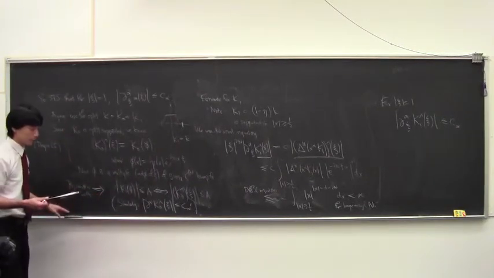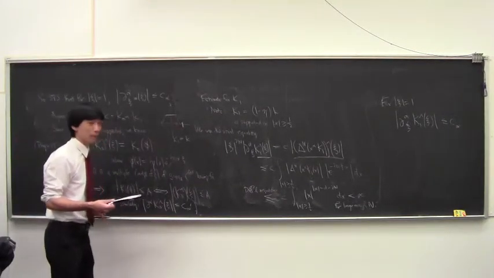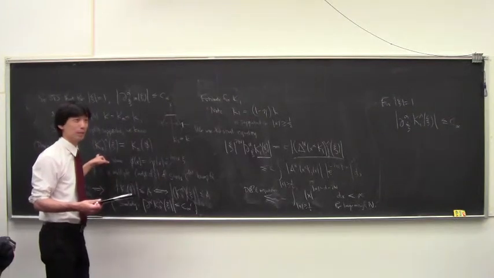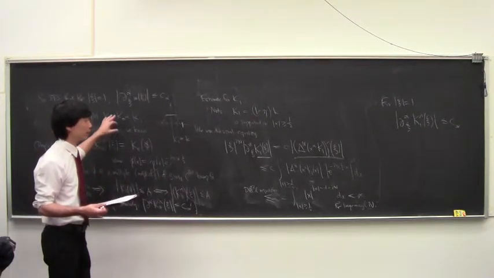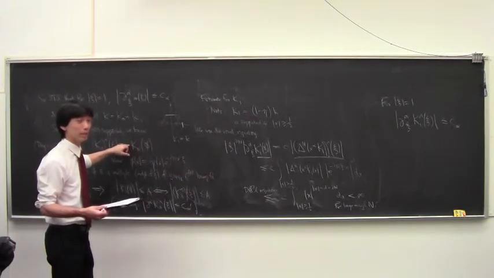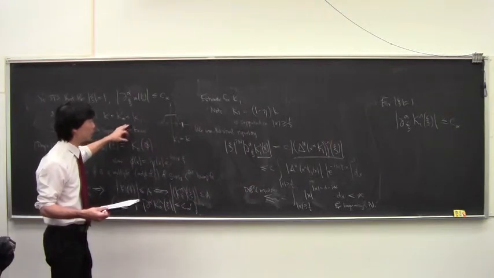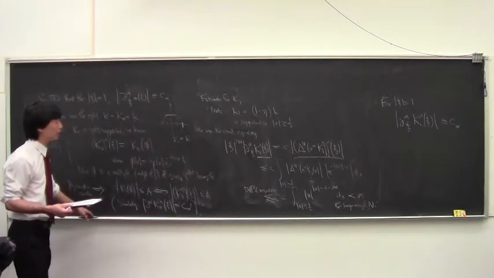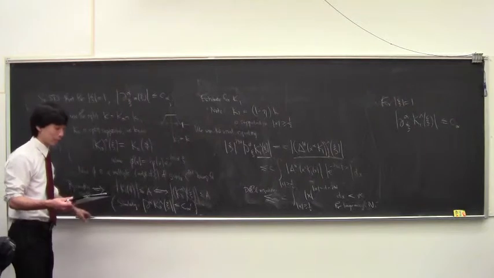So at least for right now, I'm going to skip the other two parts of the equivalence. So we've shown that 1 implies 2. We need to show 2 implies 3, and 3 implies 1. 3 implies 1 is easy. 2 implies 3 is not so easy. But for now, let me skip it. I may come back to it later.